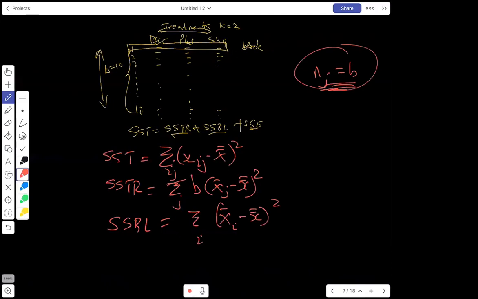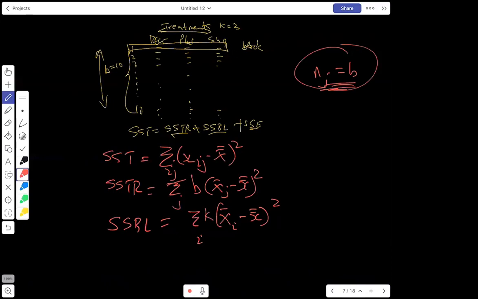In other words, the size of a block is the number of treatments that I have, which is 3 types of gasoline. So for car number 1, 3 types of gasoline. Car number 2, 3 types of gasoline. Car number 3, 3 types of gasoline. So in that case, we are going to replace ni by simply putting K. The same way we have B for the other one, looking at treatments, we put K, number of treatments, when we're looking at blocks.